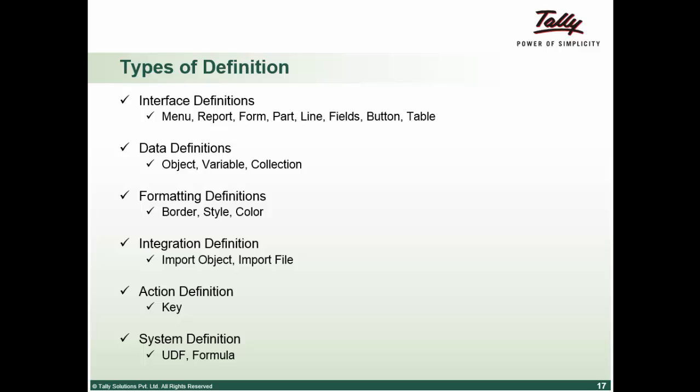Under system definitions, we have system variables, system formulas, system UDFs, right? So when we are going to use this, we will be doing them in detail. Now, these are the definitions. So these are the main broad categories of the definitions.